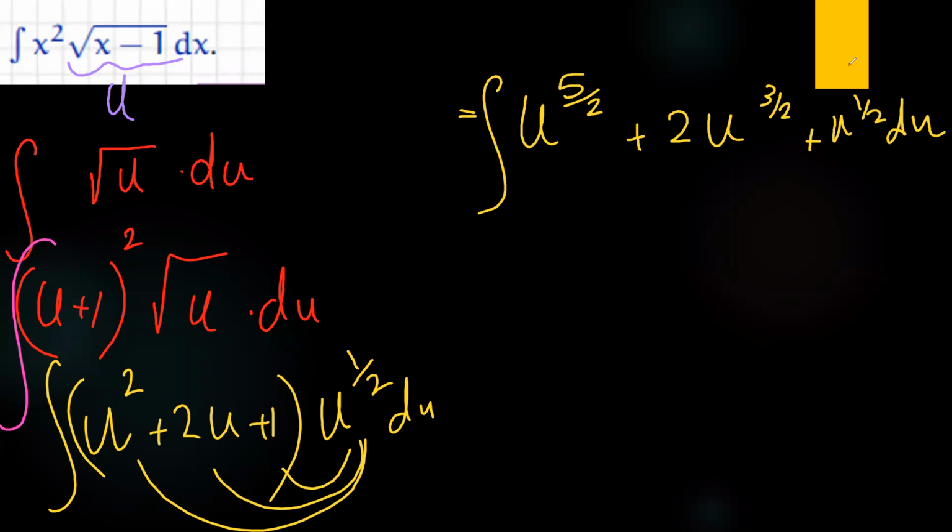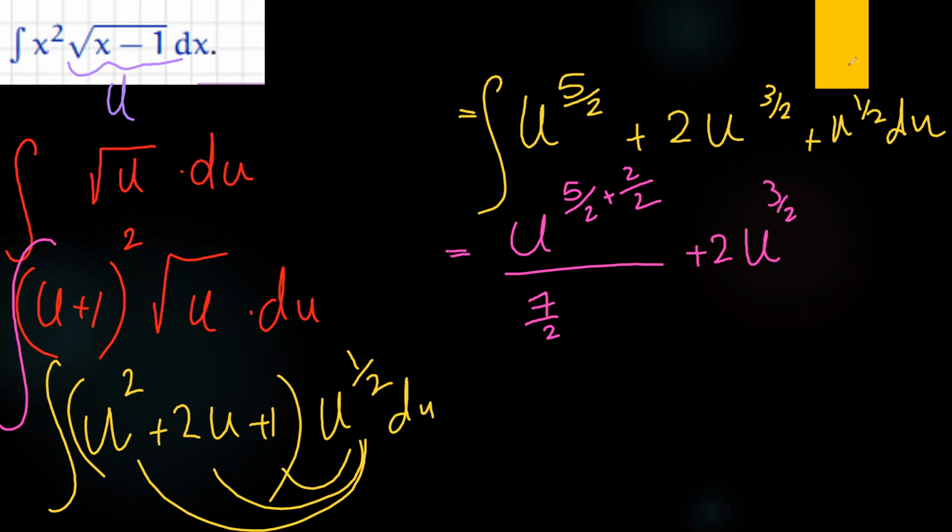Then I will find the integration as u to the power 5/2 plus 1 over 7/2, plus 2u to the power 3/2 plus 1 over 5/2, plus u to the power half plus 1 over 3/2.